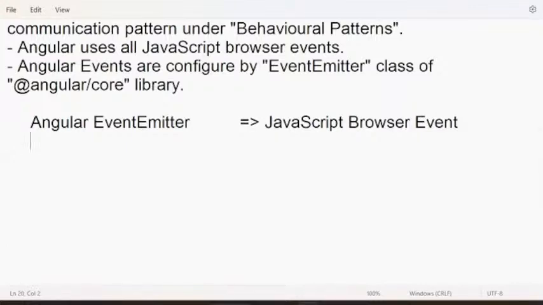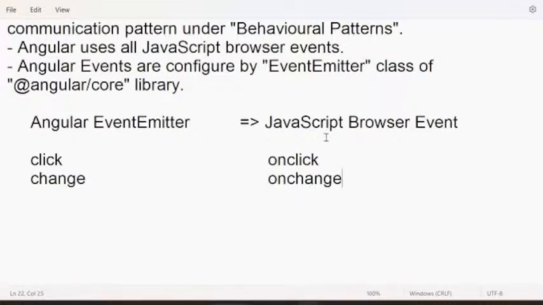That is the reason Angular event will be like, for example, click, and JavaScript browser will be like onclick. Here event will be change, and here it will be onchange. That is the only difference.